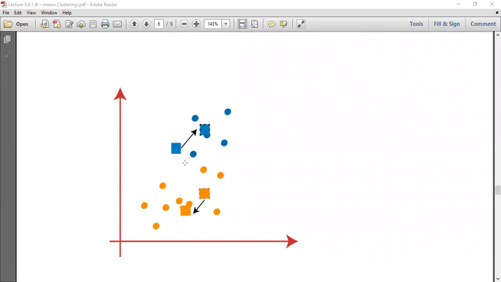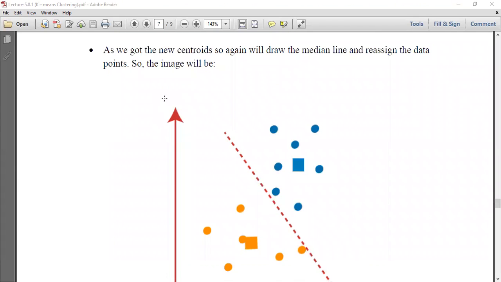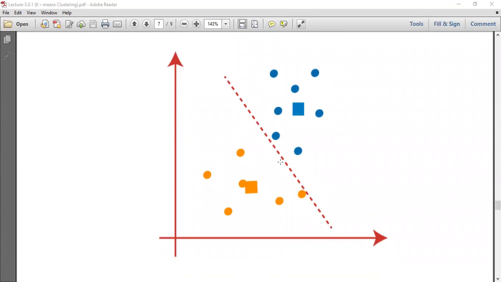Now again, we will shift the centroid to the new centroid, and then the data points also shift to the new cluster. Now we have the new centroid, so again we will draw the median line and reassign the data points. So the image will be like this.